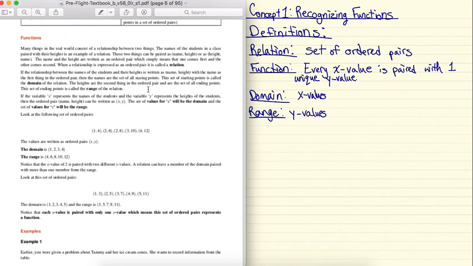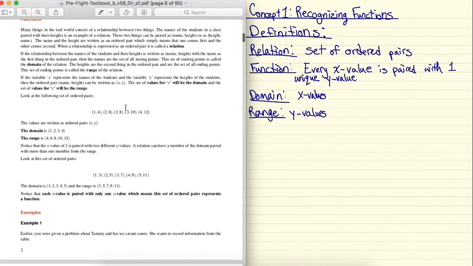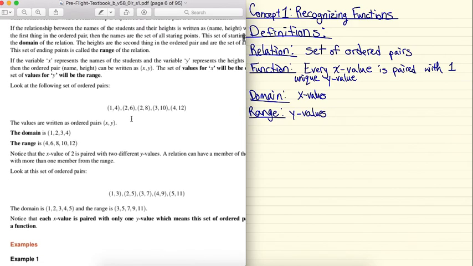That's your ending point. So if we have the following ordered pairs, (1, 4), (2, 6), (2, 8), (3, 10), and (4, 12), the values are written as ordered pairs (x, y). The domain are all of these beginning numbers: 1, 2. 2 is written twice, so we don't need to write it in our domain. 3 and 4.